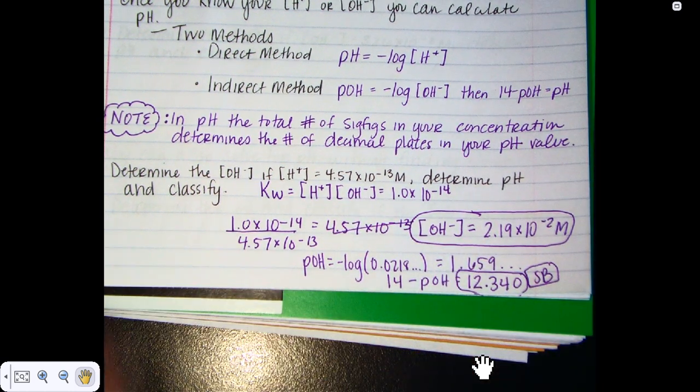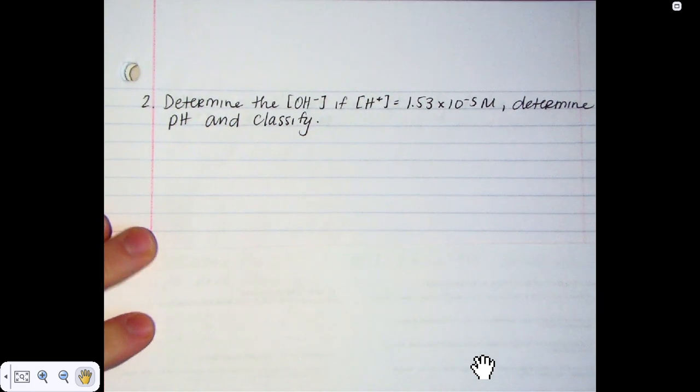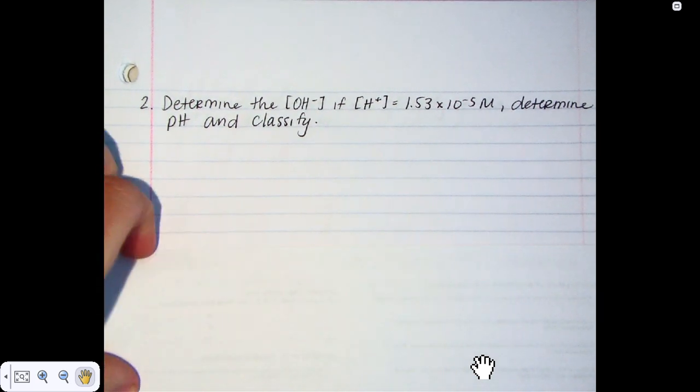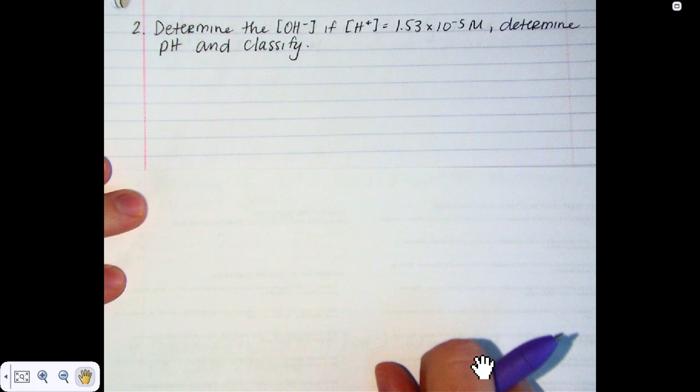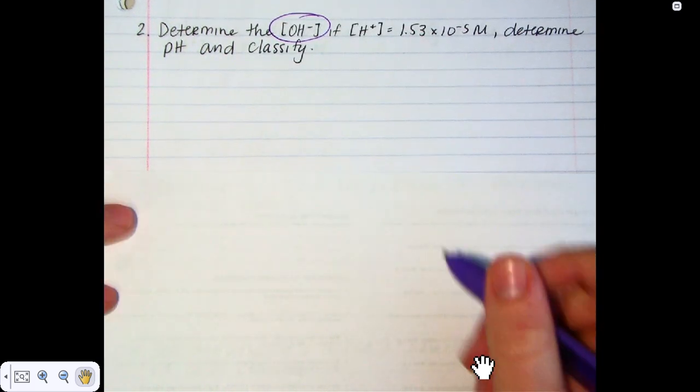All right, so let's go through and do another one like that. So same setup. Determine the OH concentration if the H plus is 1.53 times 10 to the minus fifth. Determine the pH and classify. So again, it's asking for OH concentration. We've got to go to KW.